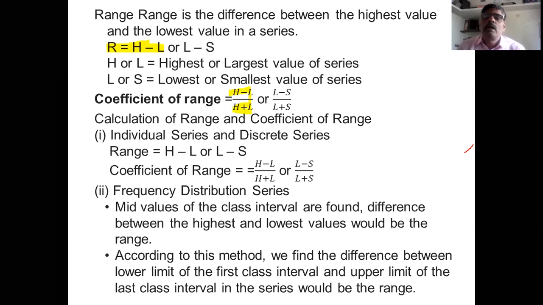Then you calculate the range and coefficient of range. This is for the continuous series. This is the method of calculating the range. I'll take one or two examples in the next class.